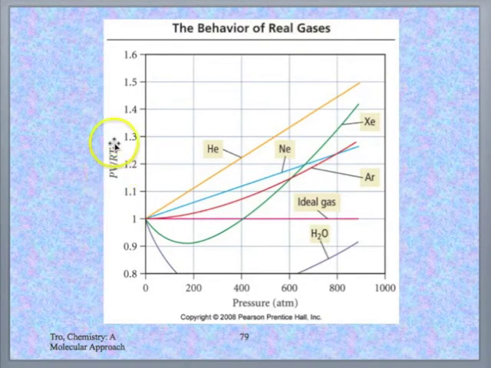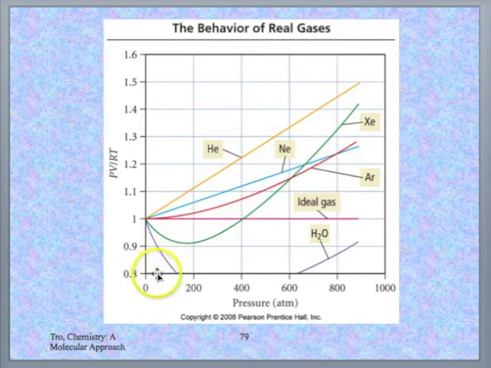In other words, PV over RT should equal exactly 1 for an ideal gas. And when gases deviate from that 1, they begin to show behavior more like a real gas than an ideal gas.